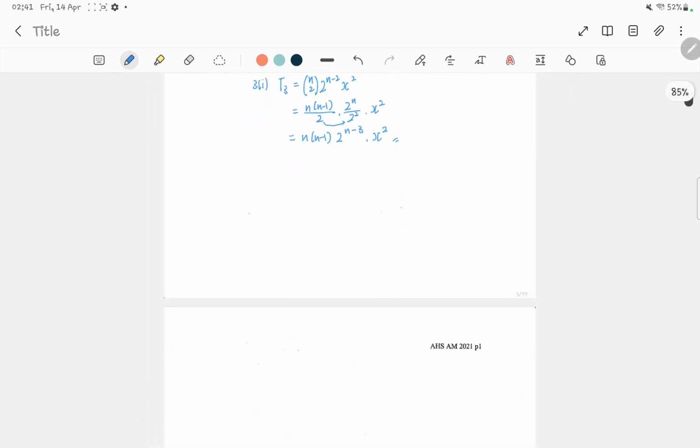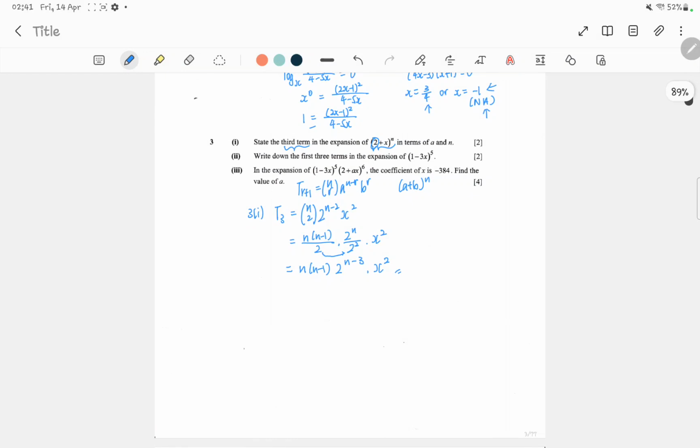Okay, so let's do 3 part II over here. Write down the first 3 terms in the expansion of this expression. This is a pretty standard question.